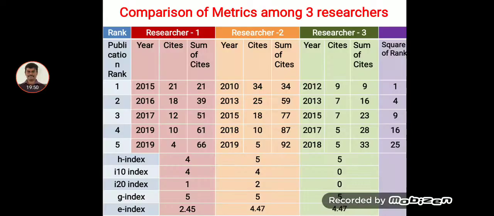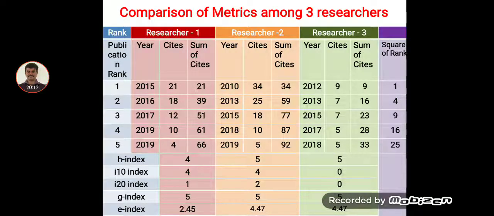And next we move on to a comparison table of the metrics among 3 researchers. Here in the table you can see researcher 1, researcher 2 and researcher 3. The first column gives you the year of the publications, the second column gives you the citations, and the third column gives you the sum of cites.